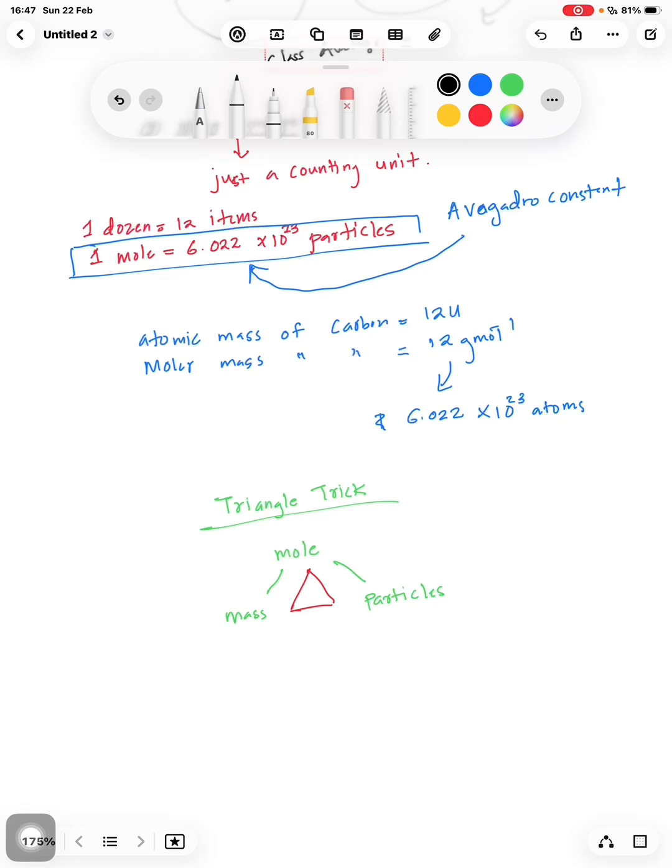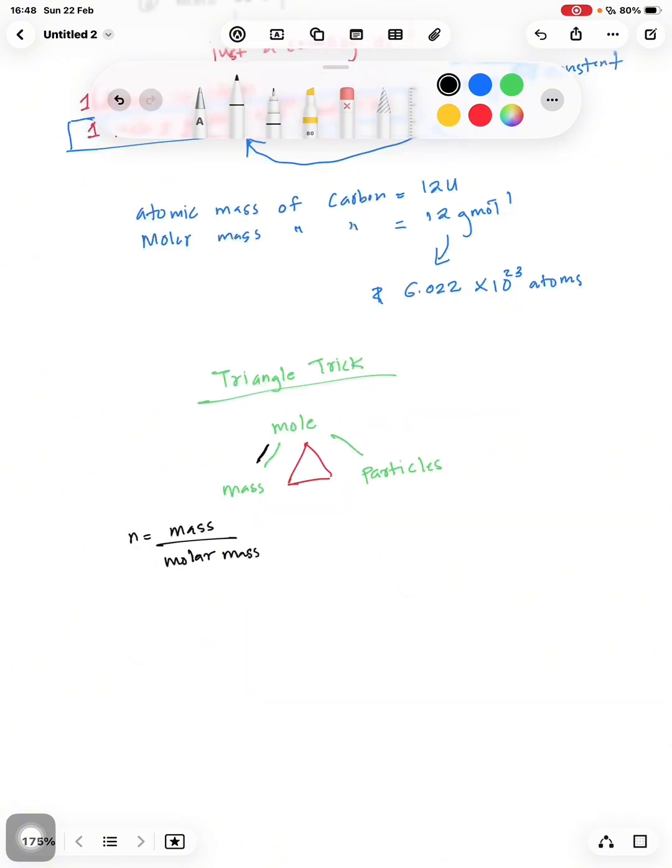Now, from mass to mole, this is the formula: n is equal to mass over molar mass. From moles to particles, N is equal to n into 6.022 into 10 to the power 23.